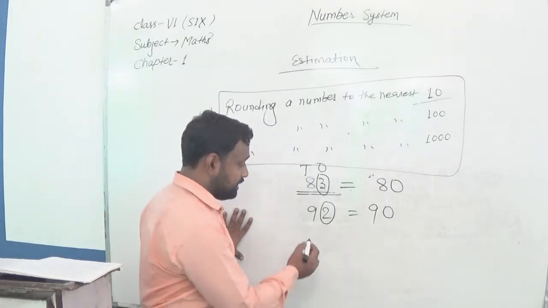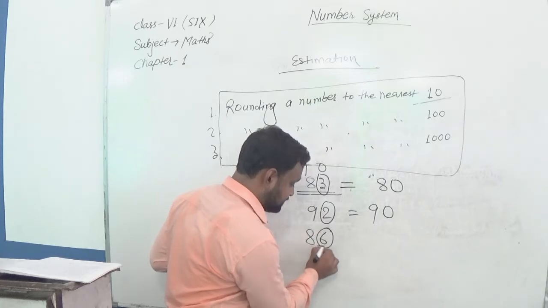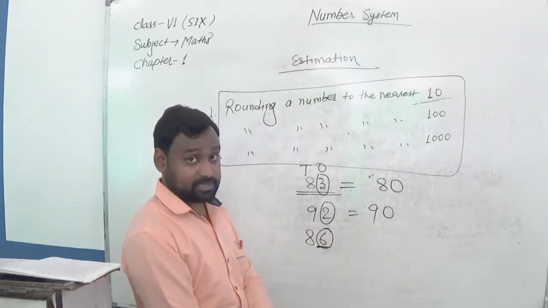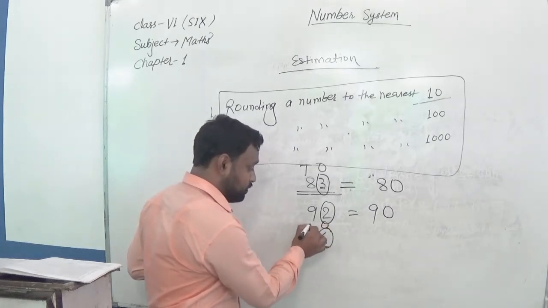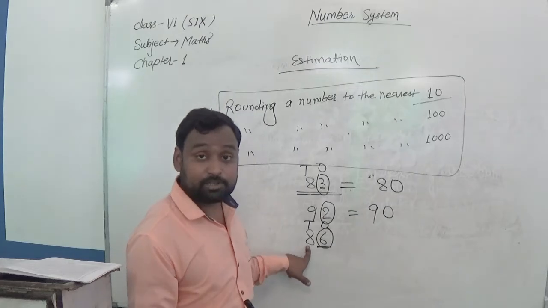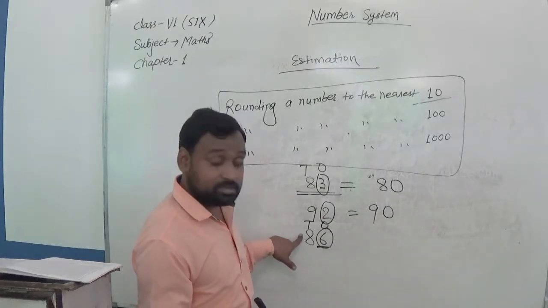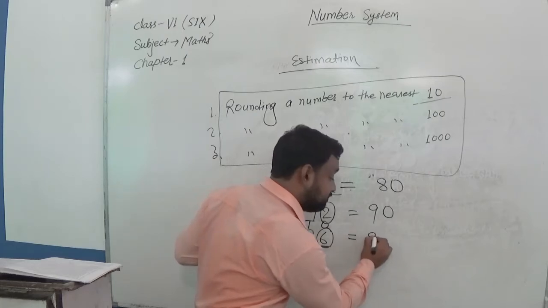Means when we have, suppose 86, 6 is greater than 5, this is ones and this is tens, then what I told? Increase the digit at the place of tens by 1. It means it will become 9.